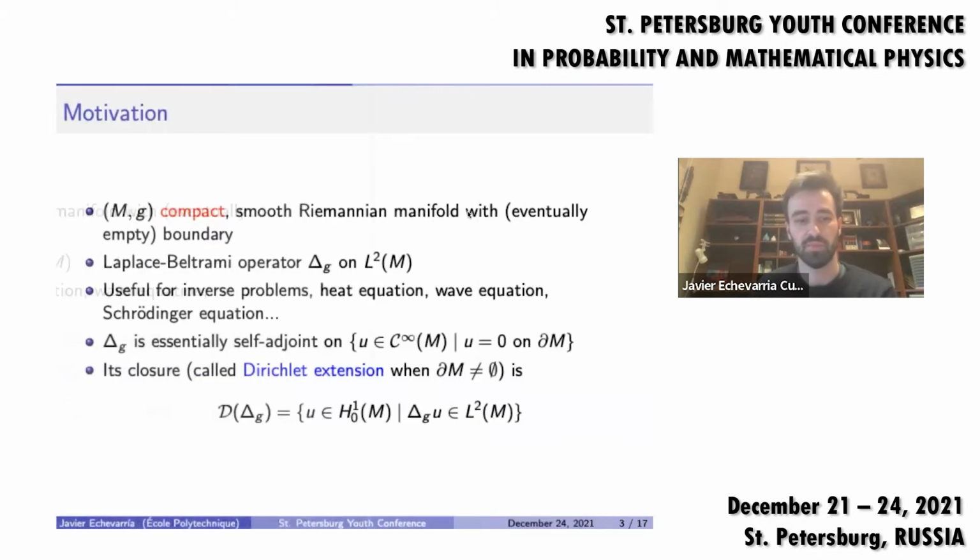So this operator, the Laplacian, is easy to work with, and we will be interested in what is known as the Dirichlet extension. So it's basically the Laplacian whose eigenfunctions are zero on the boundary.